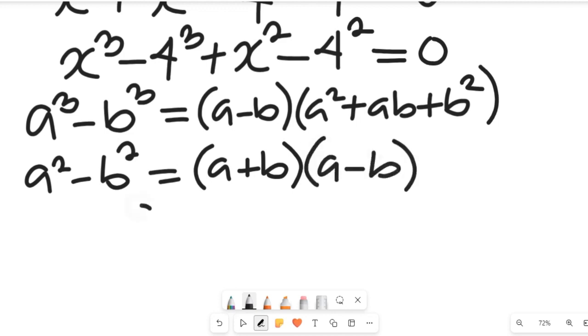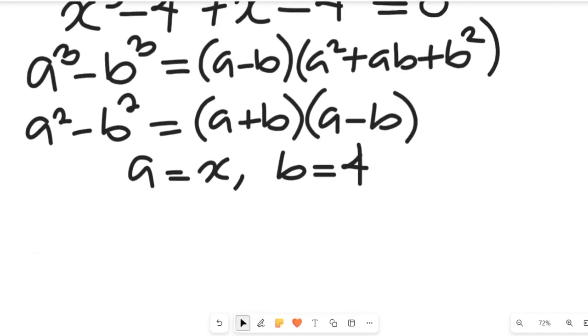Now from that expression, a is x, and our b is definitely 4. So let's substitute that into that expression.